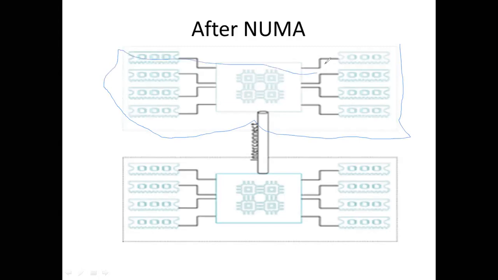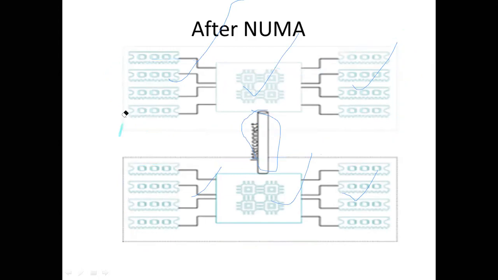This is a node where we have the CPU and its associated memory. Here, this is another NUMA node where we have the CPU along with its associated memory. So if there is need for inter-NUMA node communication, in that case, we would need an interconnect, which will connect the NUMA nodes.